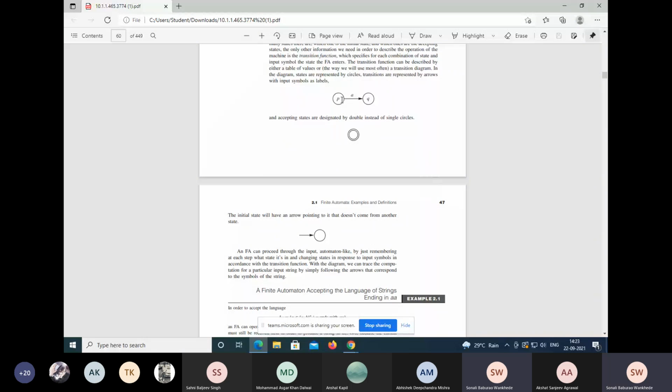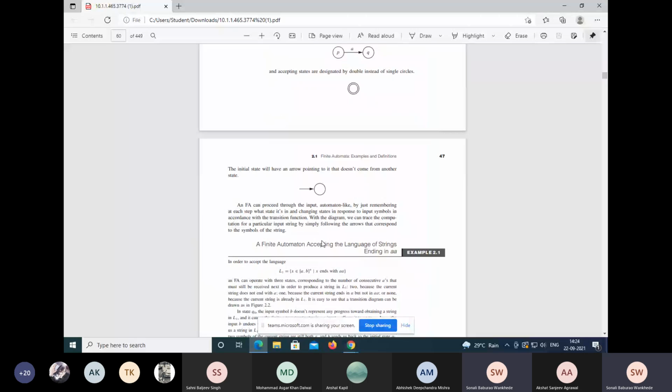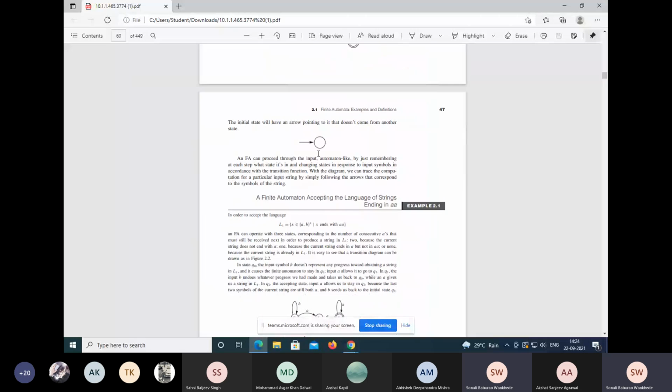So my transition is from P to Q. If my arrow was opposite, the transition would be from Q to P. But in this diagram, the transition is from P to Q. So this is how you denote a start state or initial state, with an arrow pointing towards it. This indicates that this is your initial state.